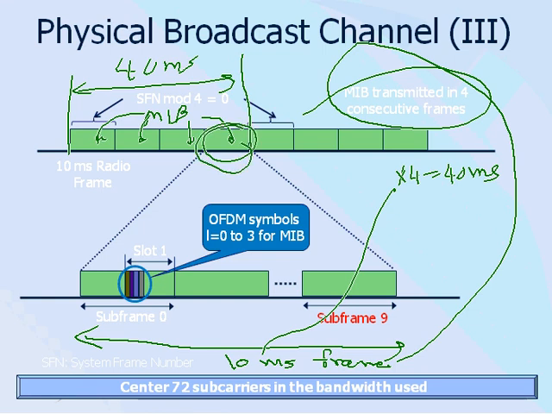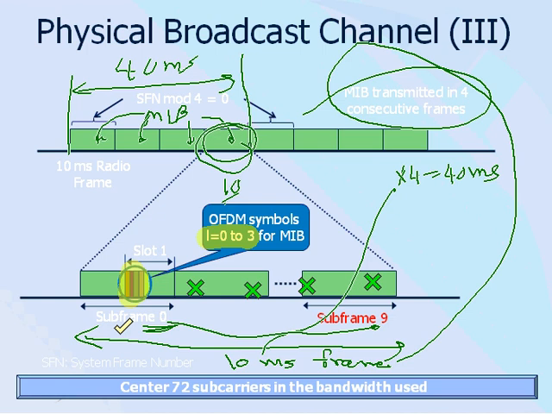Inside that frame, we'll have 10 subframes, 0 through 9, total of 10. And we will not see the broadcast channel in all the subframes. We will see the broadcast channel only within the first subframe, number 0. And even within subframe 0, where will you find the broadcast channel?